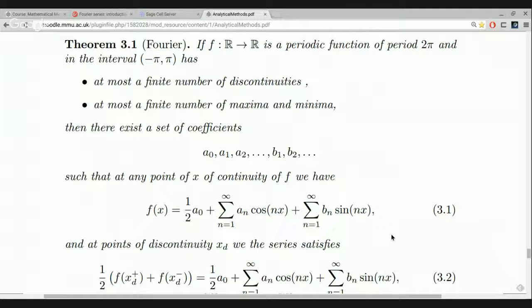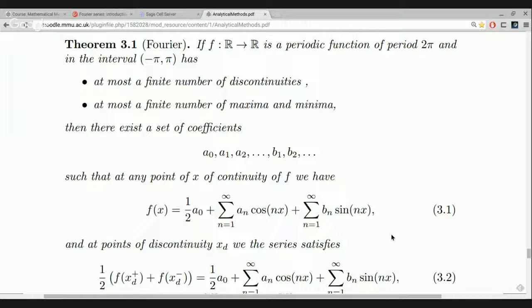So it's a point of discontinuity. So our functions can have any finite number of discontinuities in this interval. It would have to be a very badly behaved function to have an infinite number of discontinuities in the interval. But we won't be considering those.